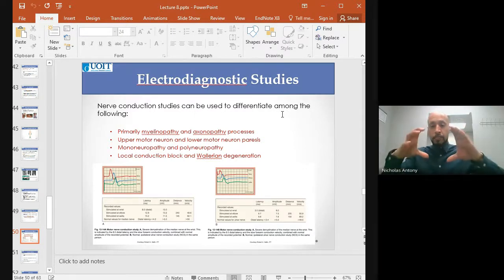Because now all of a sudden, so let's say there's 10 fibers, there's only 5. So now the electrical amplitude is going to be just the 5. So it would be smaller. So here we have decreased velocity, decreased amplitude. If there's no signal, then it was a significant axonopathy or there's severance.